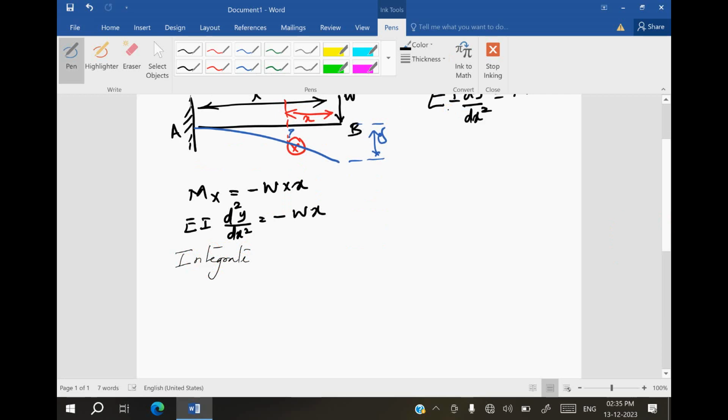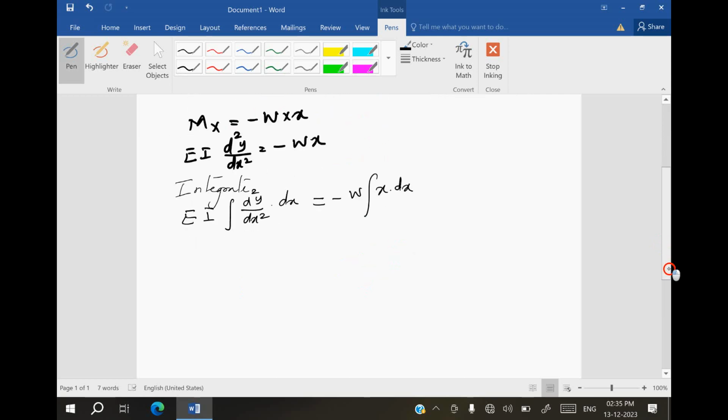By integrating, E and I are constant, so I can take them out. EI into the integral of d squared y by dx squared dx. There is a constant here, that constant I will take on the right side. Minus W integral of x dx.